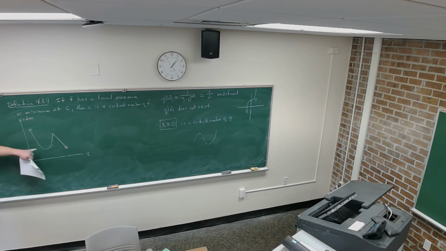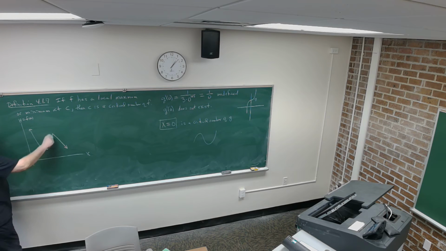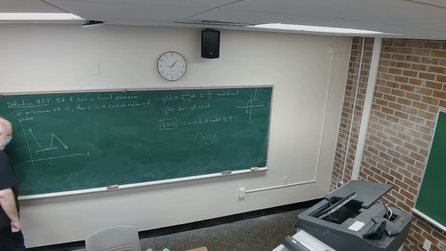It's going up on the left and going down on the right. At this point right here, it's differentiable. This is a smooth curve, and the slope of the tangent line is 0. I labeled this point at x equals c, so we have f prime of c equal to 0 at that point.